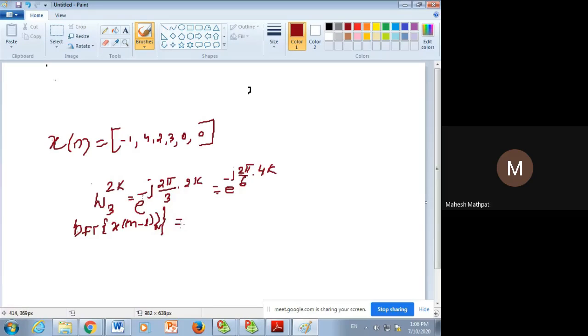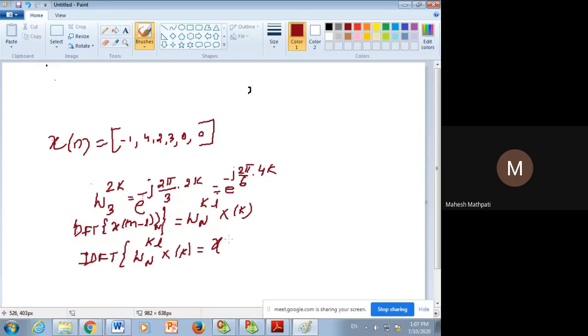Can be written as, what we can write? Wn to the power kl into x of k. Or if I want to write this as the IDFT of this value, IDFT of this part Wn to the power kl into x of k, which will be equals to, what we will write?